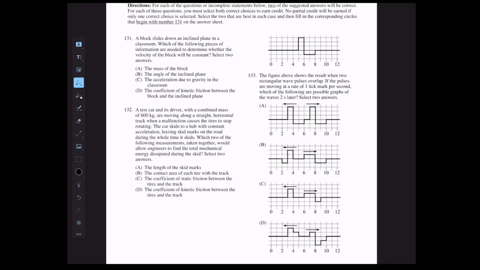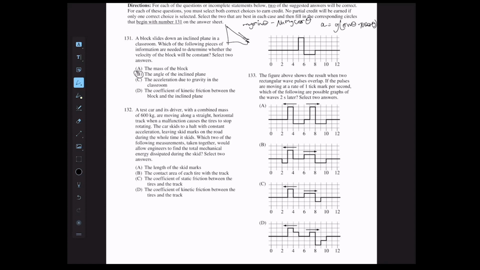Since we know that for an inclined plane, it's mg sine theta going down, and then if there's friction, it's friction mu mg cosine theta, and then we can get that acceleration is equal to g sine theta minus mu g cosine theta.